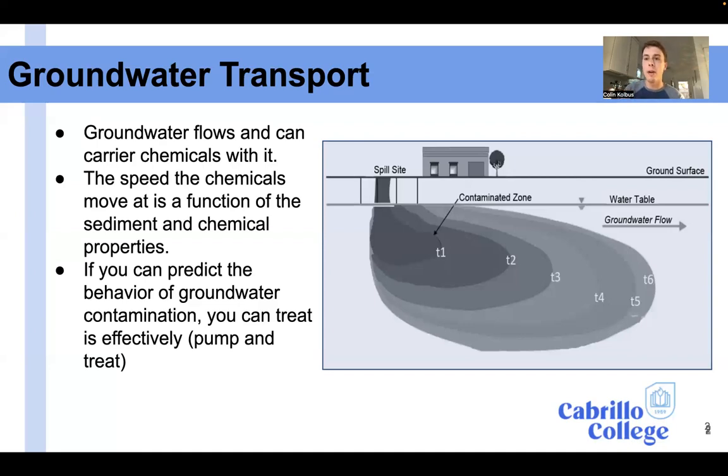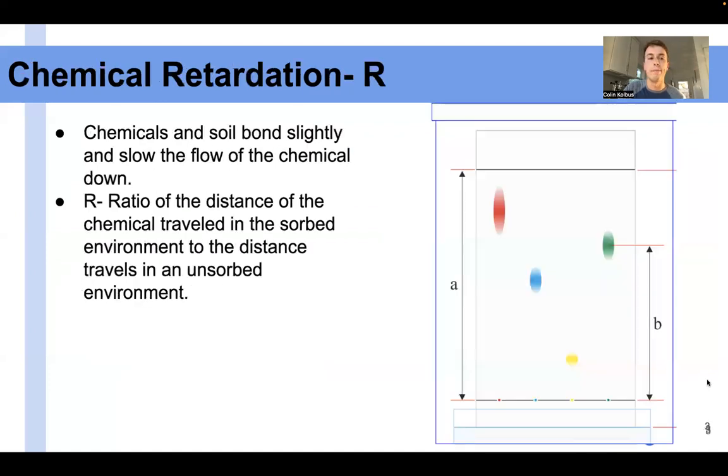You treat that water with some water treatment system, and then you inject that back into the ground. And so it's a very active process. You're removing the water from the sediment, and then you're returning the clean water to the sediment. So removing the chemical and intercepting it in some water treatment process in the meantime. So this is really important and a very important question that people need to answer.